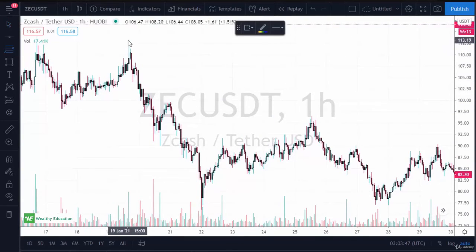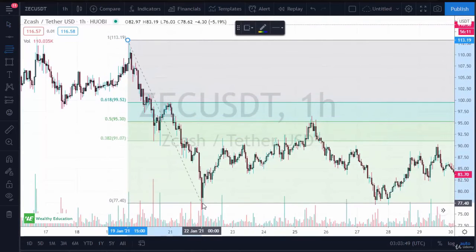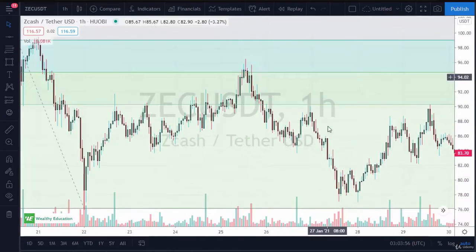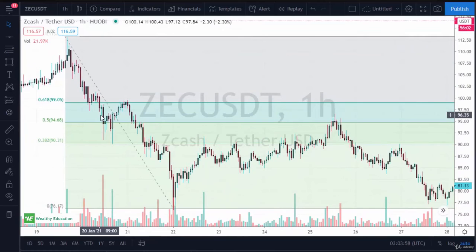This I find interesting. Just by glancing at it, I saw this. And you'll begin to see these setups all the time once your eyes adjust to the markets. So we had a pretty big leg lower. We rallied, formed a shooting star right here at an area that had been resistance previously.